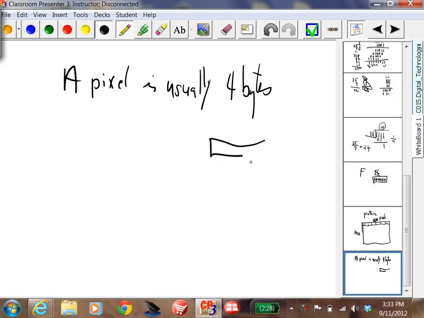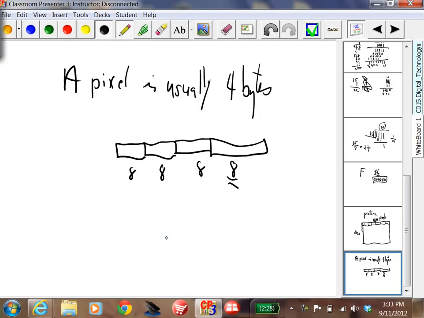So here is a byte, that's 8 bits. Here's another byte, that's 8 bits. Here's another byte, that's 8 bits. Here's another byte, that's 8 bits. It actually has 4 bytes all together. And that's just one pixel, one teensy little spot in the picture. It's a million by a million. I mean, it's 1,000 by 1,000.